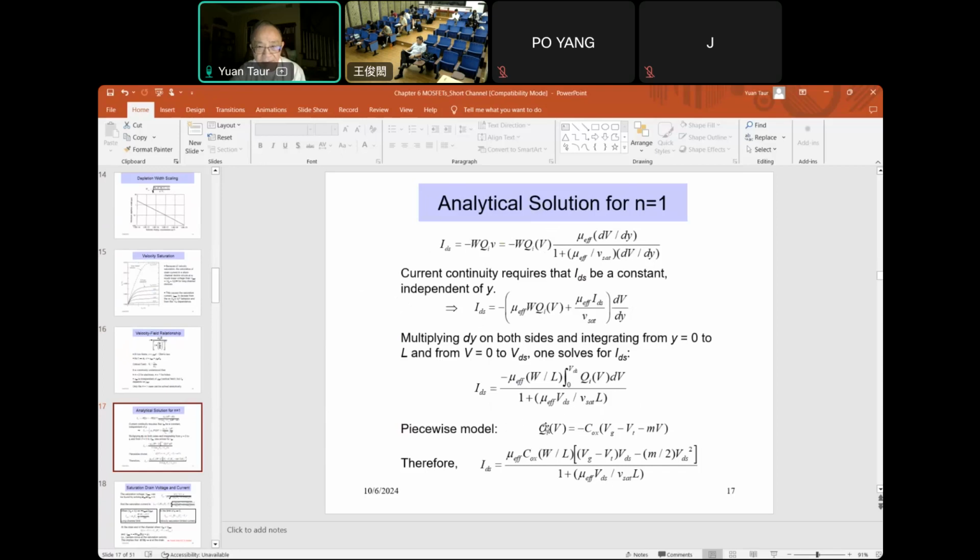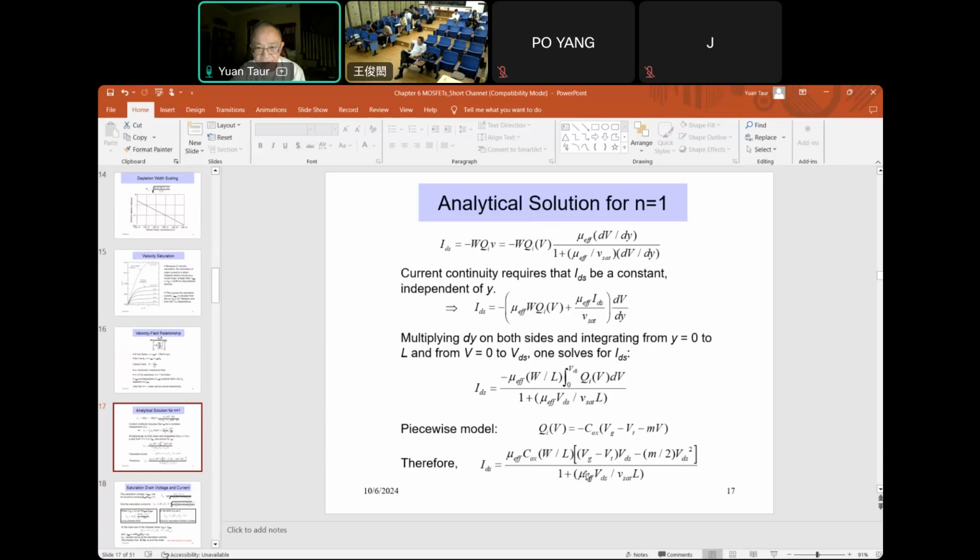Furthermore, we apply this Q_i equal to C_ox (V_g minus V minus mV) that we applied in chapter 5. So we put this in here, and then we can integrate. So IDS for the n equal to 1 velocity saturation model becomes that. And the only difference is the factor here in the denominator.